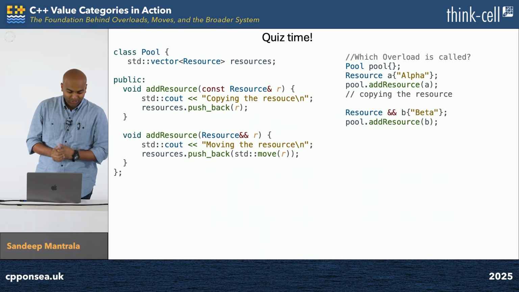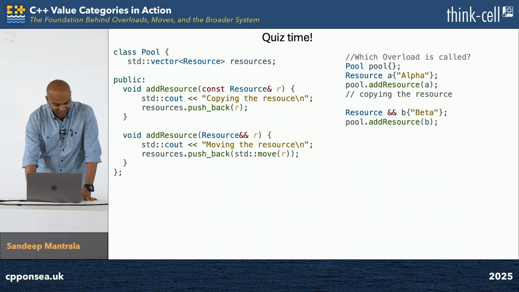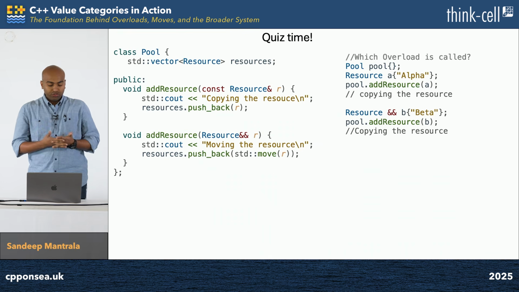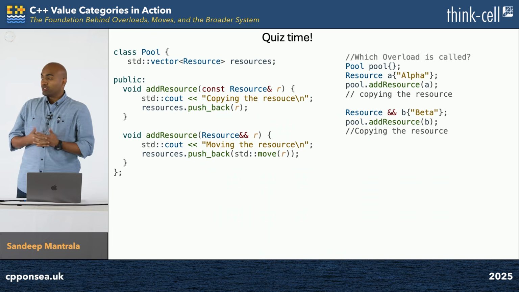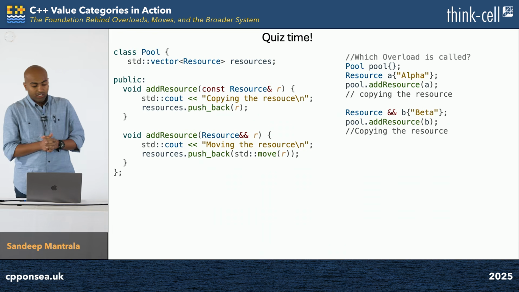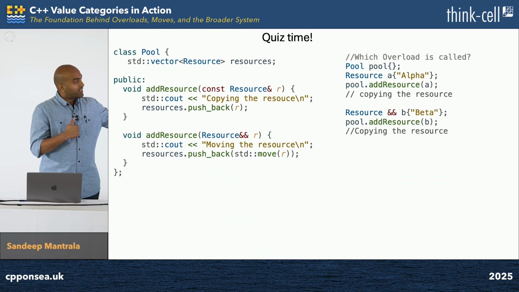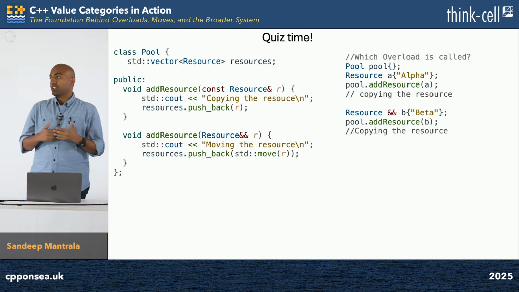Okay, I guess you all pretty well understand value semantics already. So yeah, one is called here in this case. For those of you who thought two is also possible, the type of B is an rvalue reference, but when you refer to B anywhere outside of that statement, the value category of B is lvalue.